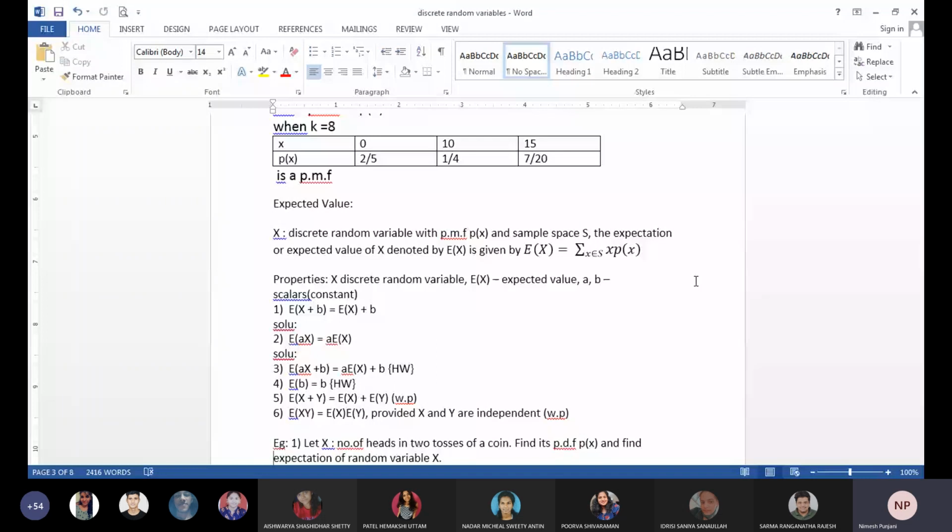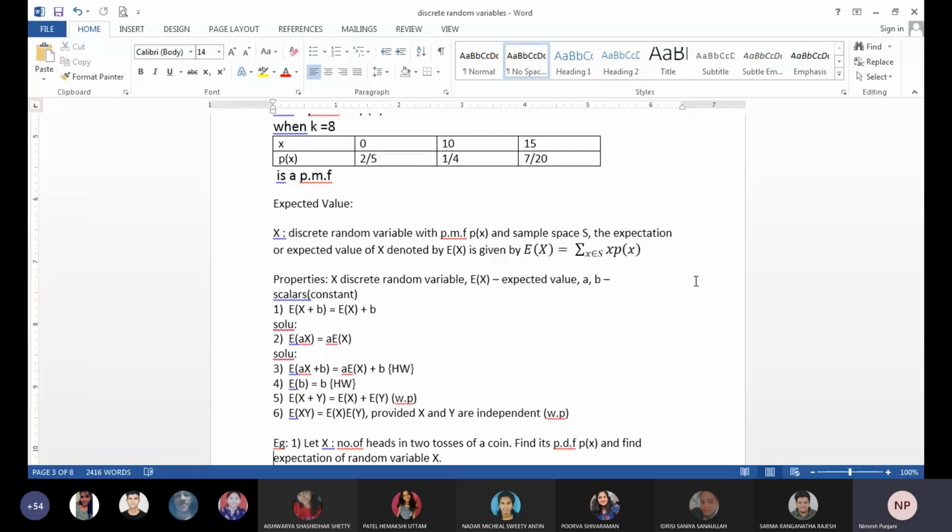First property: expected value of X plus b is expected value of X plus b. I hope you understand the difference. वो पहले X plus b पूरा bracket में है और right hand side पे it is expected value of X plus the scalar b.